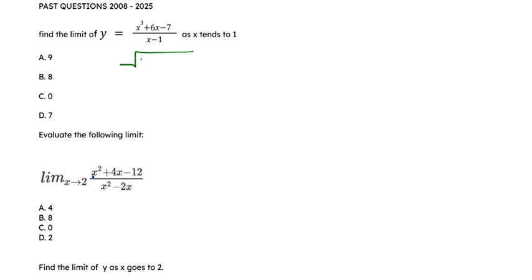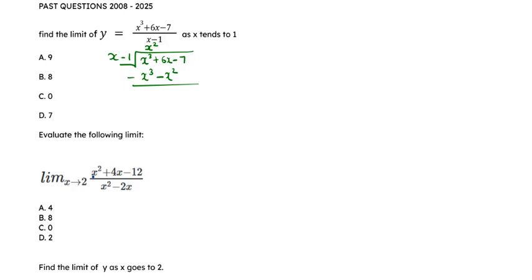Let's put the dividend inside: x cubed plus 6x minus 7 is our dividend, and x minus 1 is our divisor. So you start dividing. x in x cubed gives you x squared. x squared multiplied by the divisor gives x cubed minus x squared.